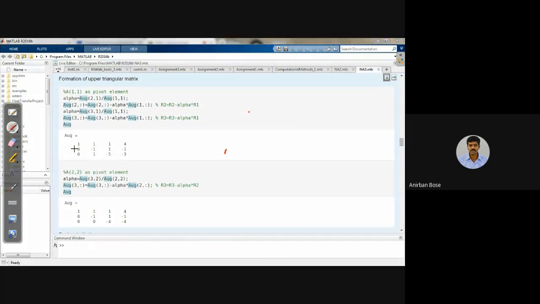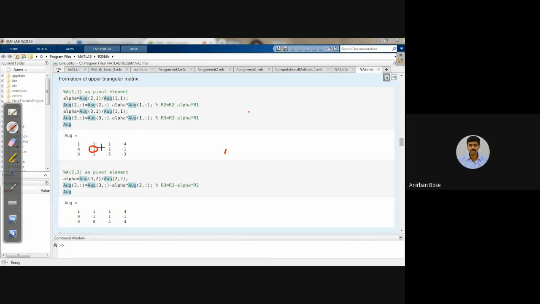As you can see, now these two values become 0 in this operation, where we have considered the first value as the pivot element. Now we will go to the second set of operations, where we will consider this value as the pivot element. If you consider this value as the pivot element, then what will be your alpha?